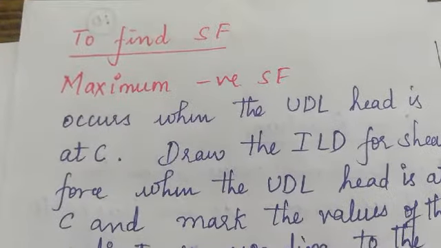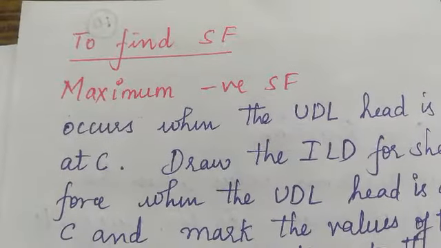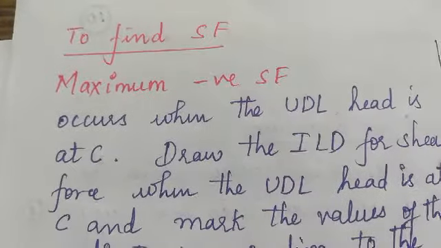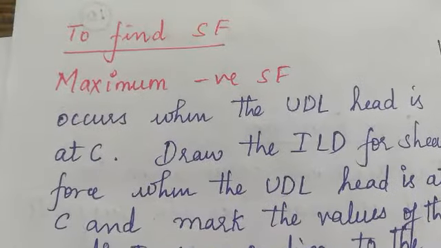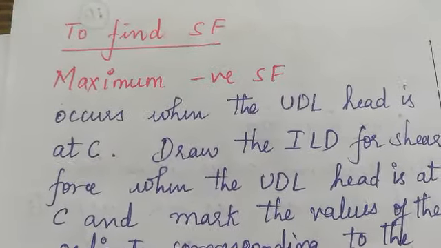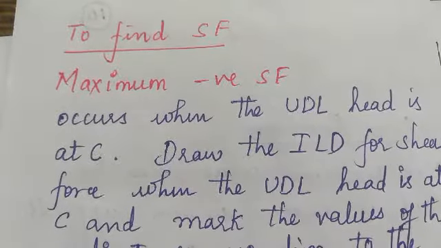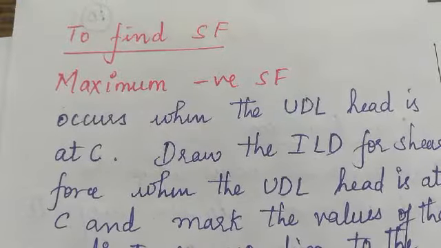Okay, next is to calculate the shear force. Now in this we are having two types of shear forces, that is maximum negative shear force and maximum positive shear force. And in this also you are having maximum absolute shear force.